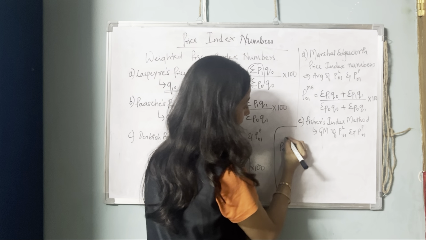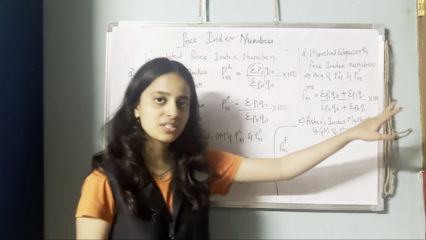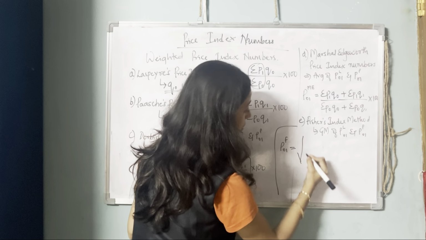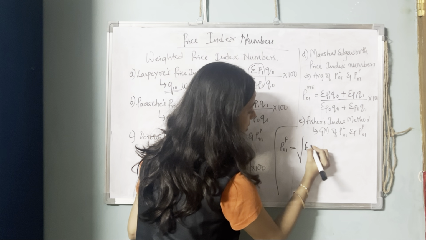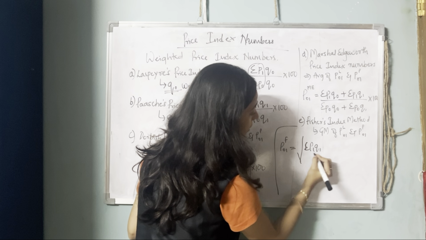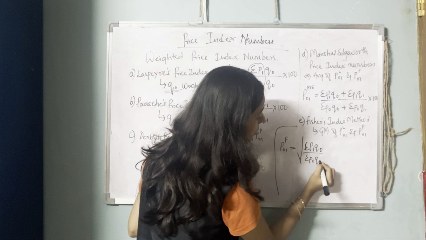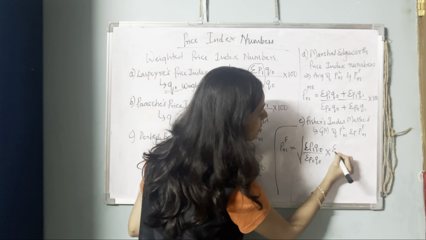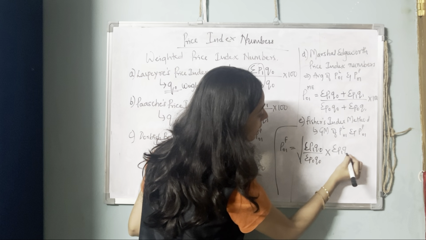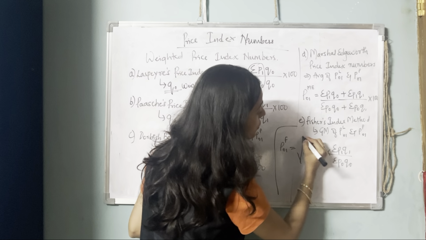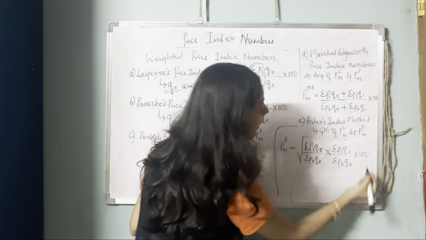P01, Fisher's index number, is equal to the root of summation P1Q0 by summation P0Q0, into summation P1Q1 divided by summation P0Q1, into 100.